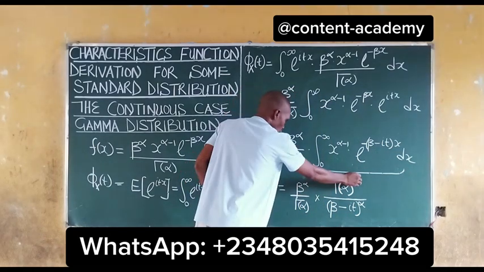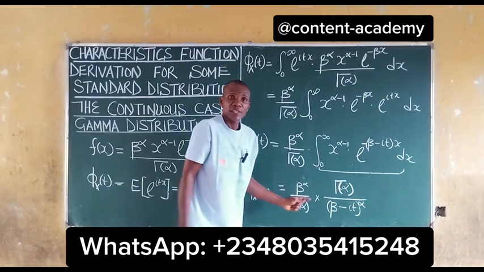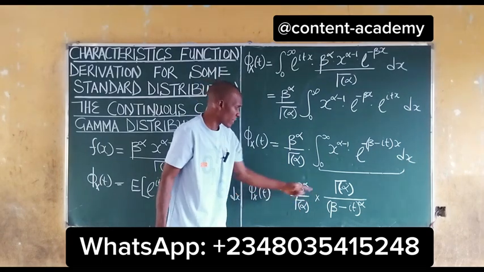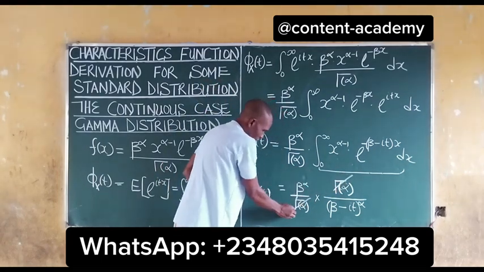The next thing to do to get our characteristic function: this can cancel this.